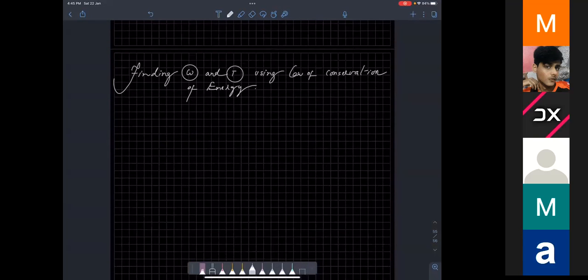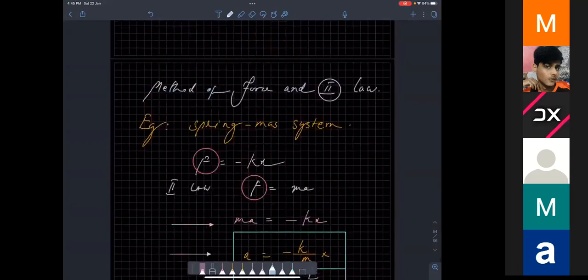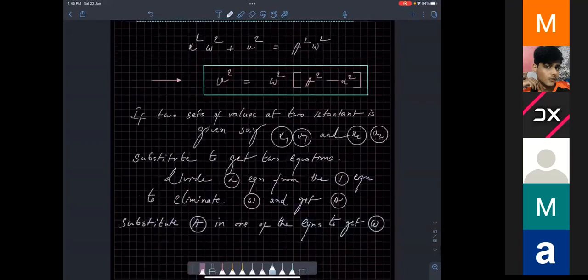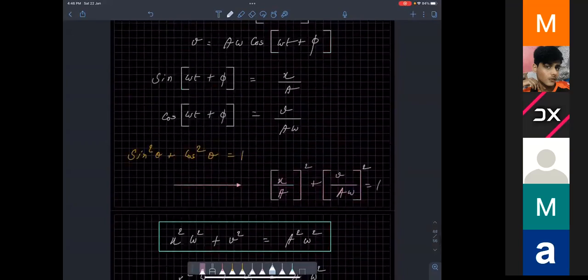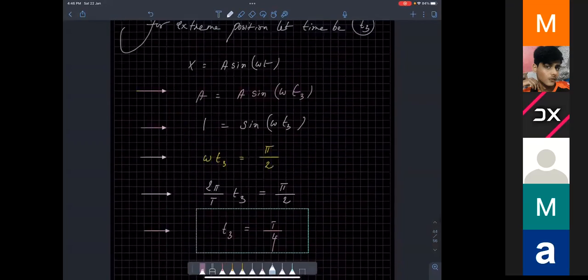Okay, so in SHM the total energy is conserved. That means when kinetic energy decreases, potential energy increases. When potential energy increases, kinetic energy decreases. Are you understanding? So I'll explain one situation.